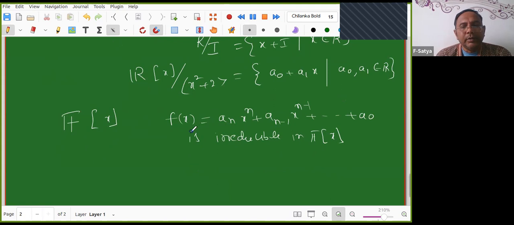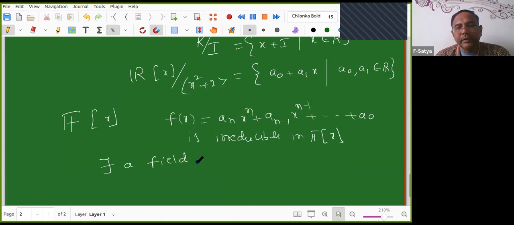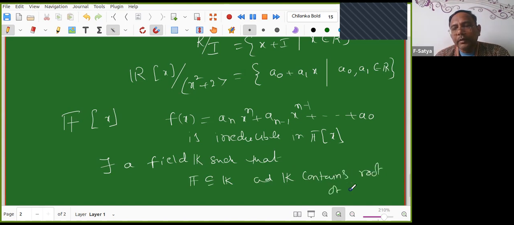Then he told that there exists a field, very abstract, and that completely changed the scenario. There exists a field K such that F is contained in K, and K contains a root of f(x).